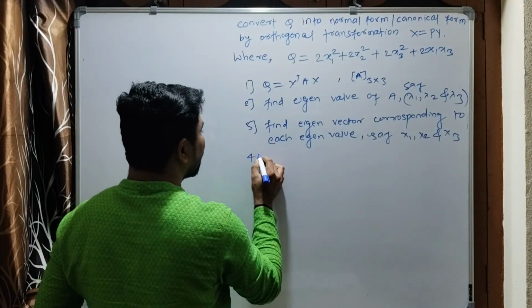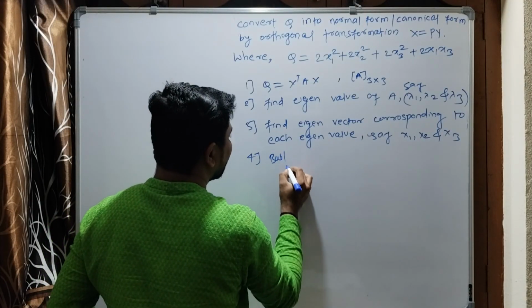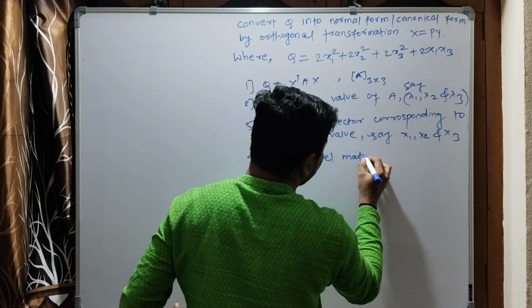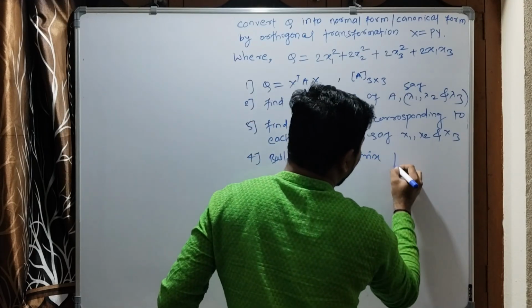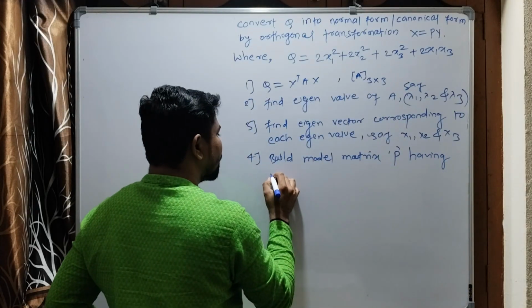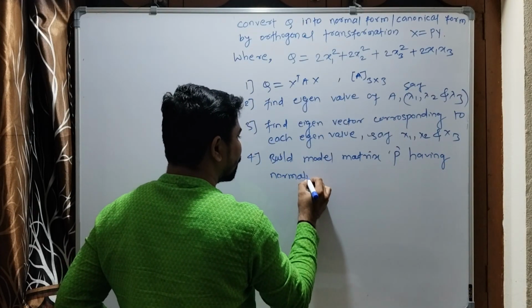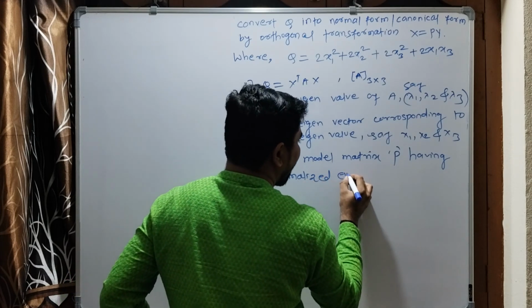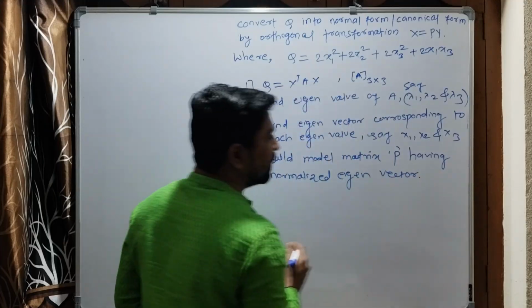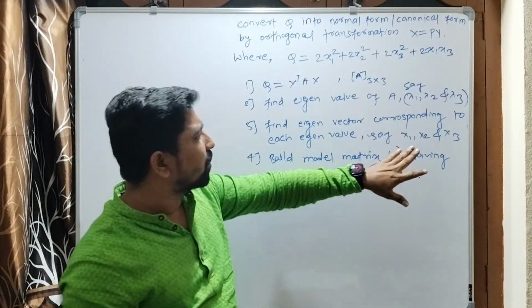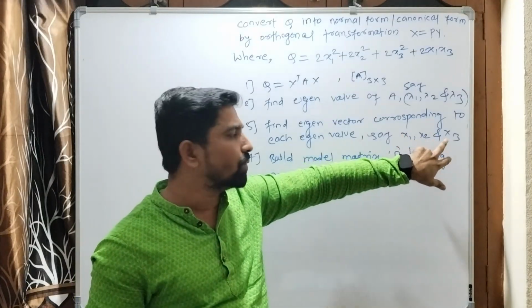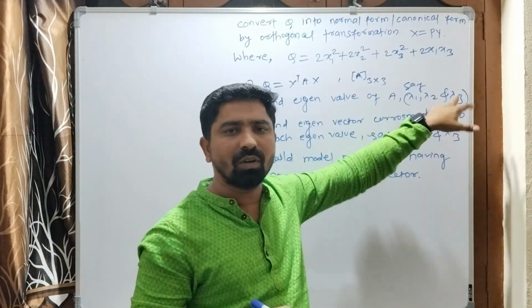So the fourth working rule is build model matrix P having normalized eigenvectors. So from this third step you will get the eigenvector x1, eigenvector x2, eigenvector x3 corresponding to the eigenvalues lambda 1, lambda 2, lambda 3.